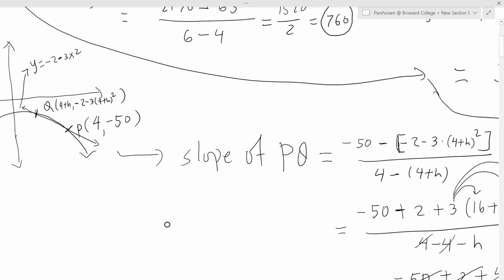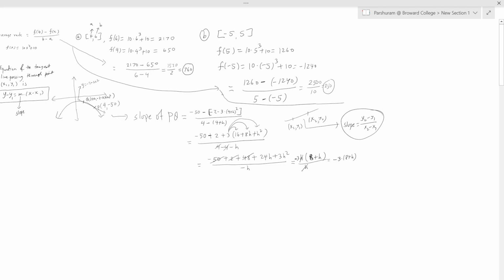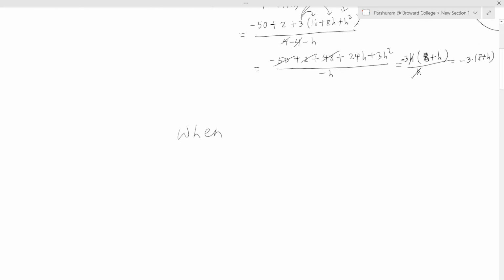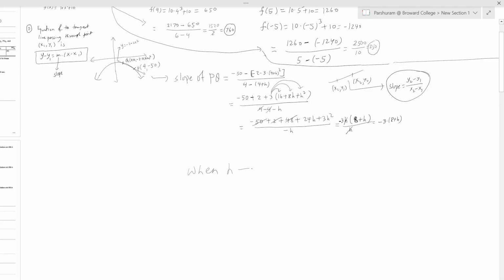So what we can do is here, you can see when h approaches 0, then this secant line PQ becomes the tangent line at P. So if you want to find out the slope of the tangent line at P, then you just have to use this slope of the secant line, negative 3 times (8 plus h), and just put h equals 0.